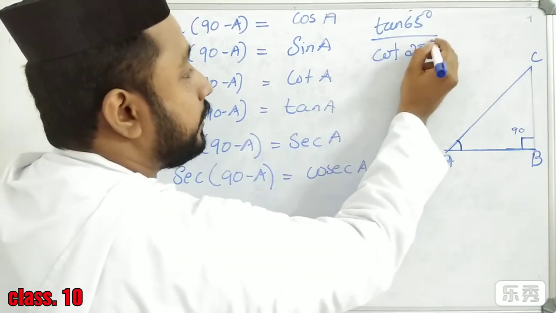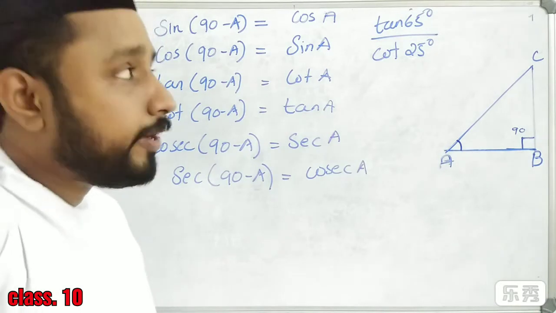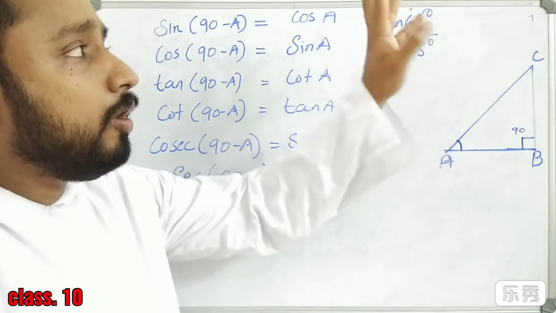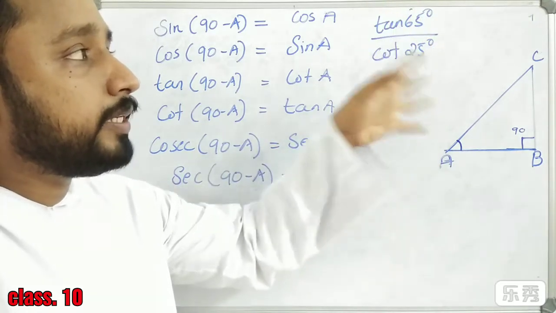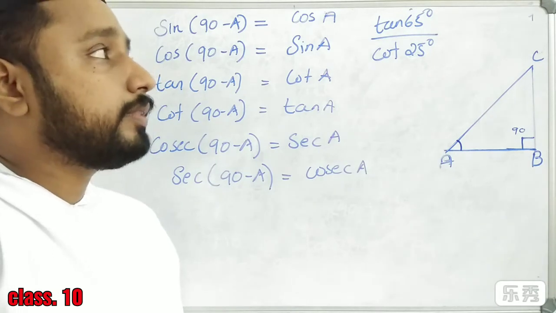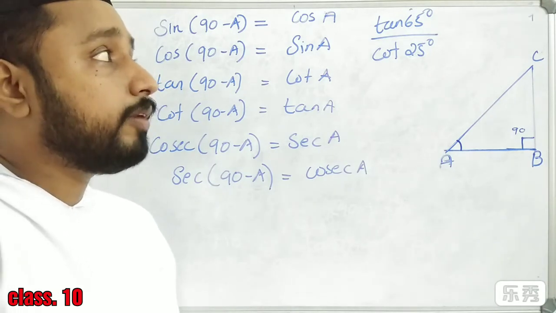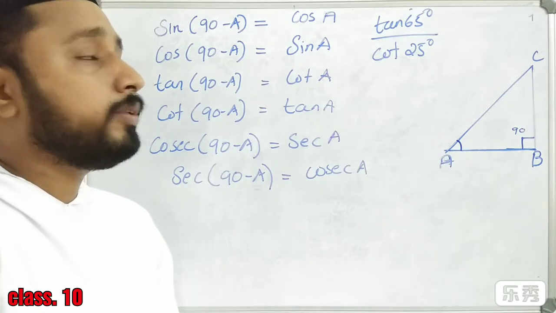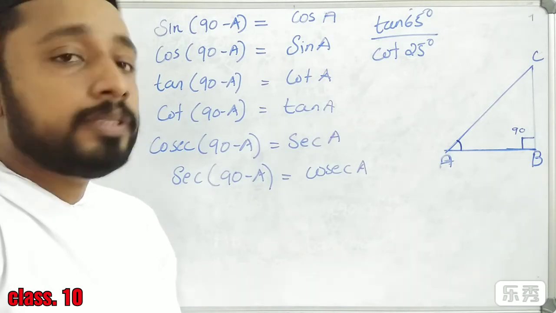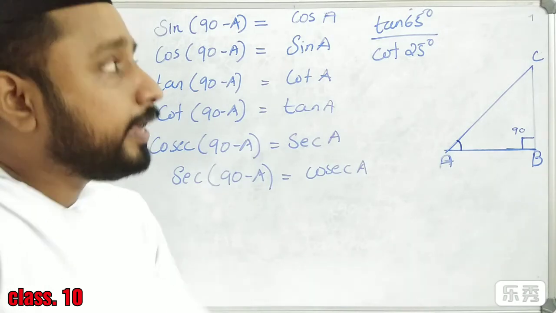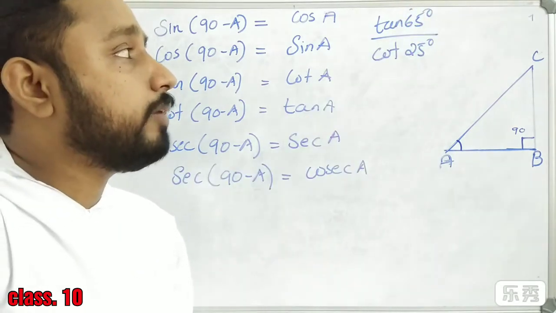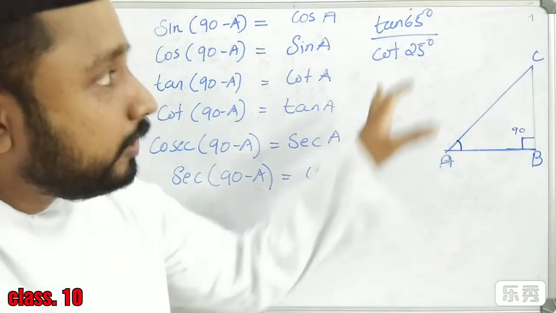If the angles are 0, 30, 45, 60, 90, we know the values of tan and cot of those specific angles. But here one is 65 and the other is 25. We don't know the values of tan 65 and cot 25. But look at this question.